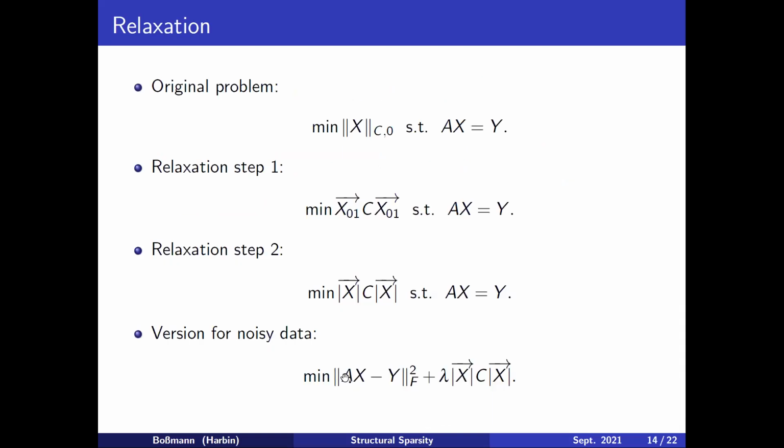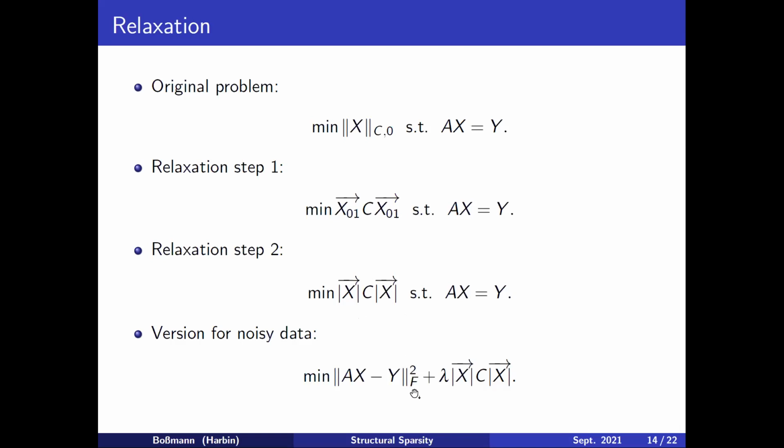And this is what we're doing in the first relaxation step. So we see this here, instead of the norm, we take this quadratic form here. Then the second one is a quite common one that you also know from the single measurement case, where you replace the 0 norm by the 1 norm. What you're actually doing is you replace the support by the absolute value, and we're doing the same here. So we're going back to this absolute value vector of x, and we end up with this minimization problem.